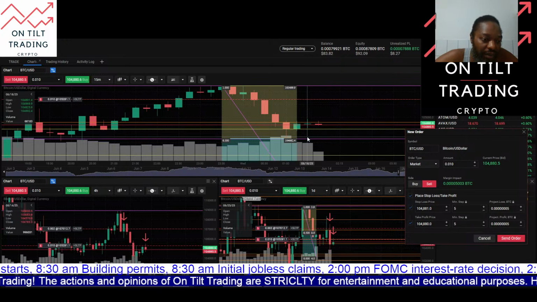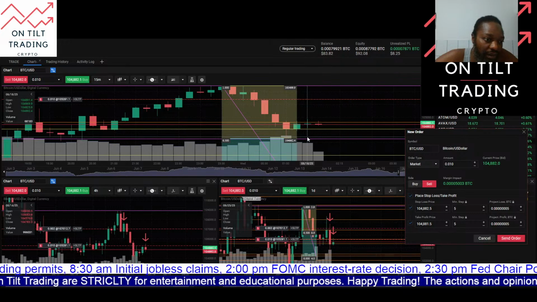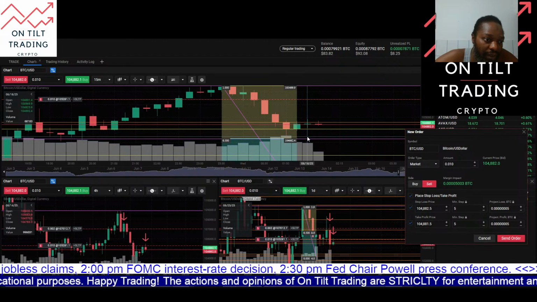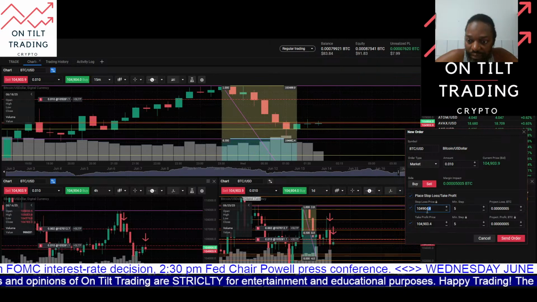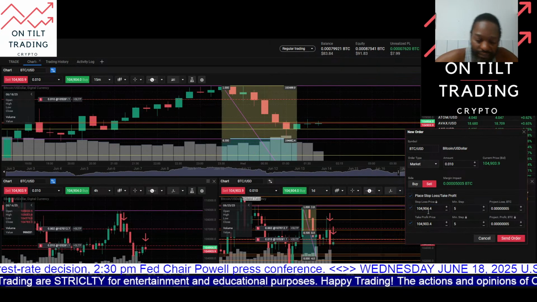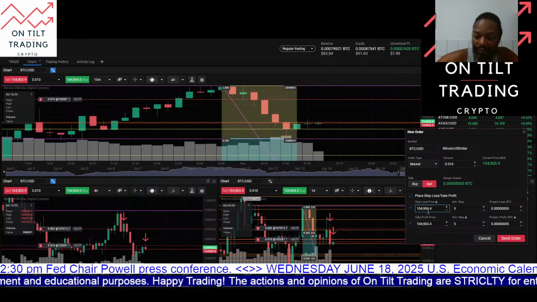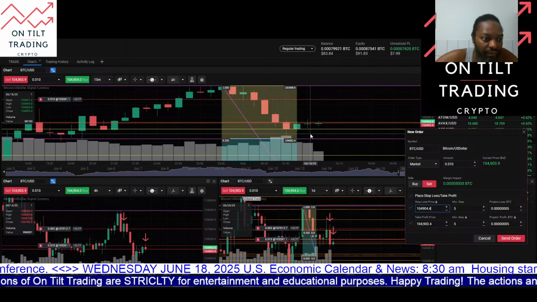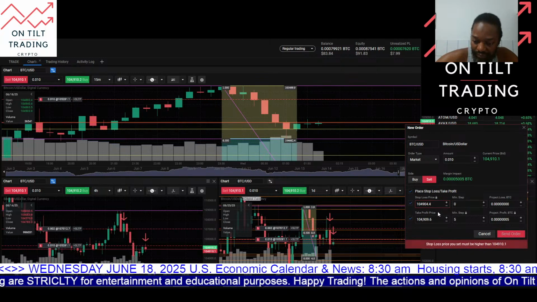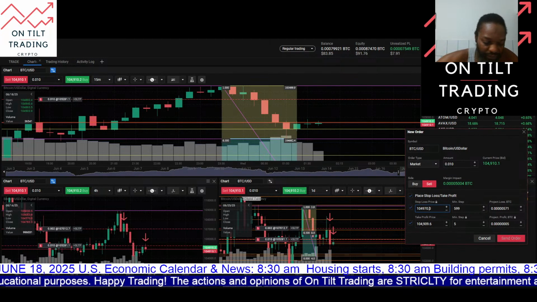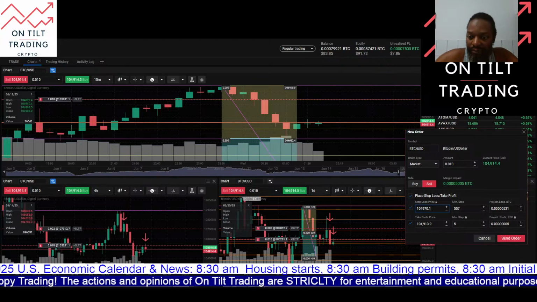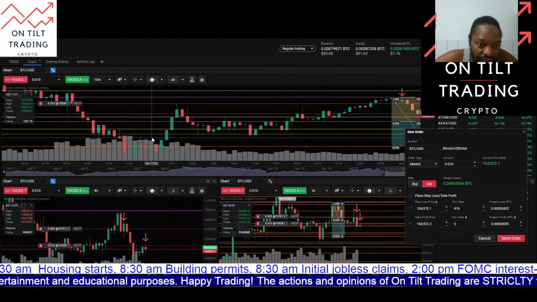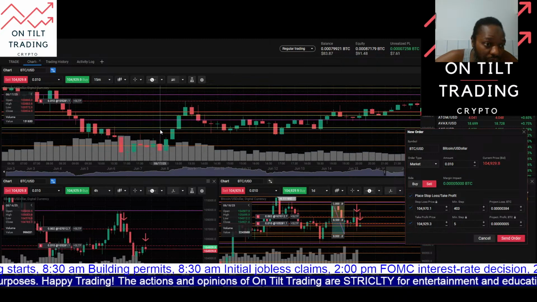I'm going to give a 20-cent stop loss for this 10-cent spread, so I'm going to go 104,970.1. Profit target 103,572.